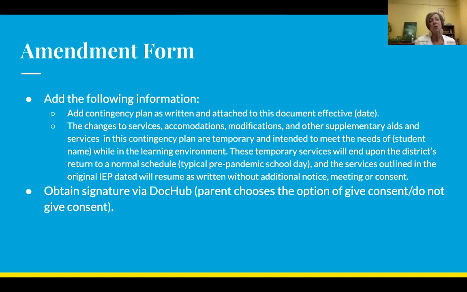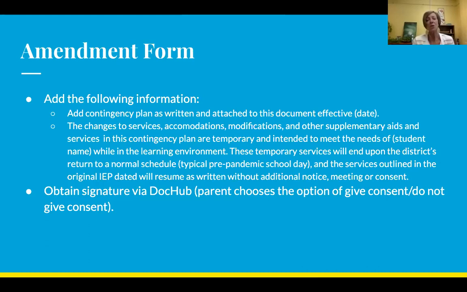Then you're also going to add this blurb. The changes to services, accommodations, modifications, and other supplementary aids and services in this contingency plan are temporary and intended to meet the needs of, and you'll write the student name, while in the learning environment. These temporary services will end upon the district's return to a normal schedule, typical pre-pandemic school day.